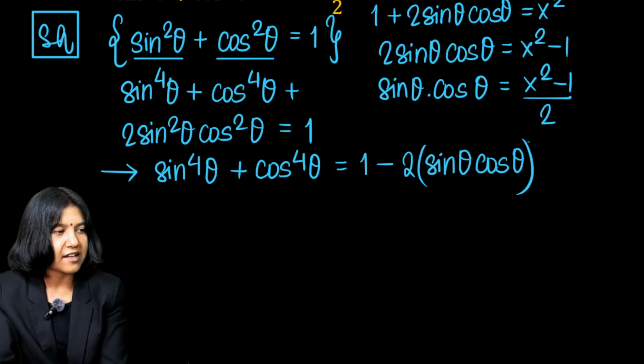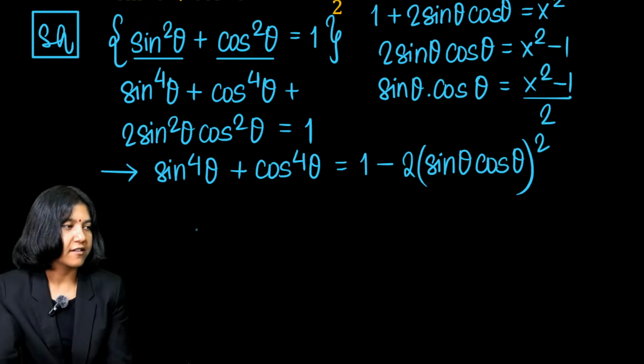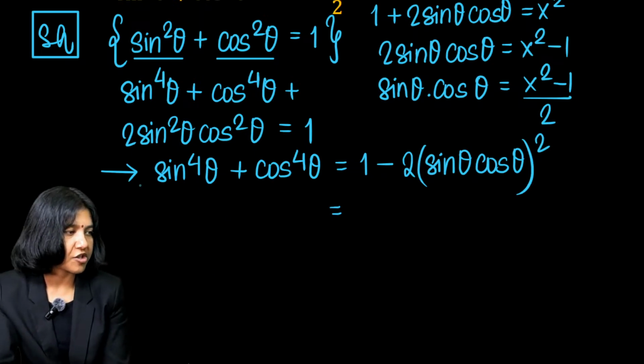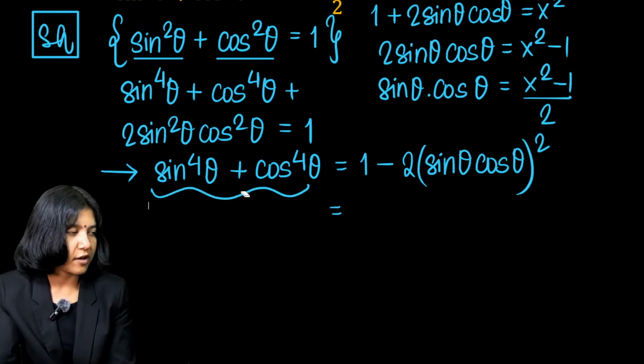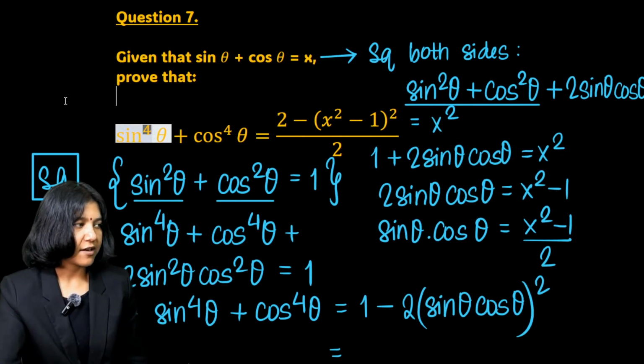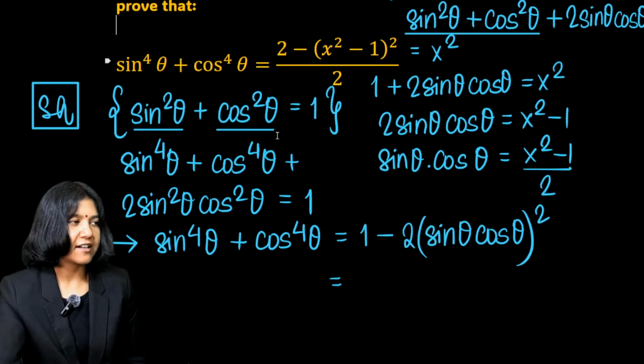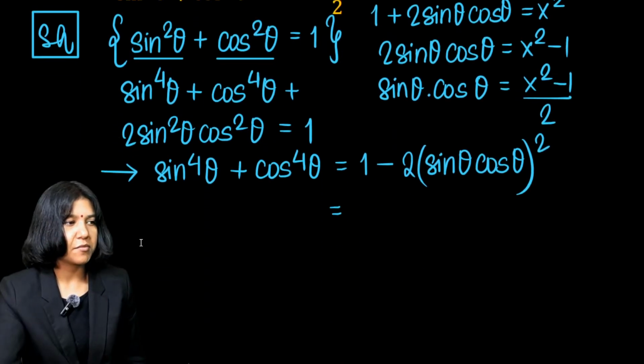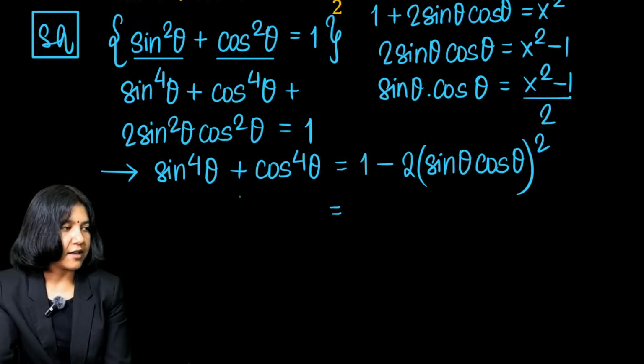So 2 sin theta cos theta whole squared. And note that this is what the question is asking me to find, this part. So I just kept that part on the left. And then on my right side I have to get the exact expression they want me to get. So I am not writing the left hand side, I'll just solve for the right hand side.